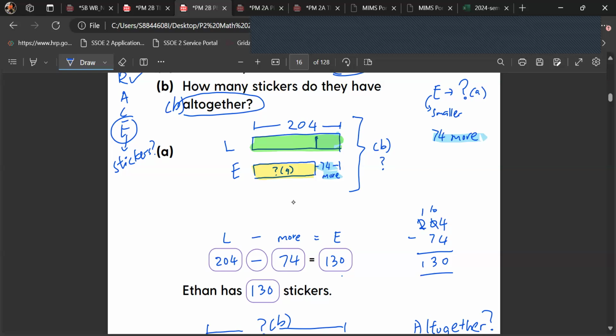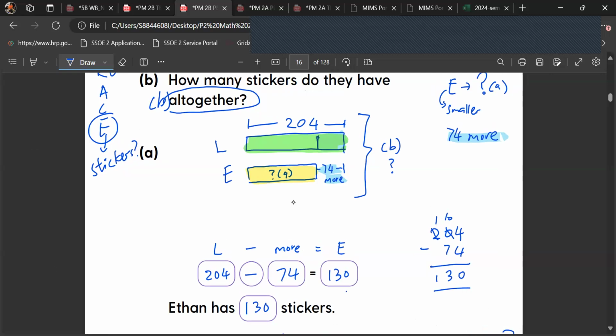So in the time when I go to the exam or do a test question or just try to solve problems on my own, or next time you can teach your younger sibling how to do two-step problems, you can teach our primary one children. Next year when you're primary three, you can teach them. Show them how you do. So you combine the two-part problem with just one model, and then here's how you draw.